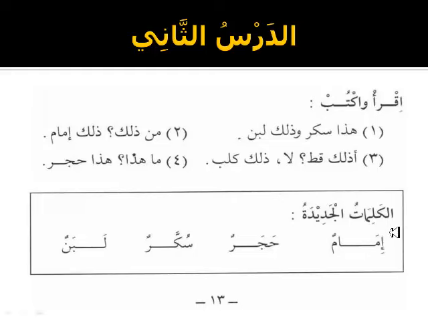And here we have a box. This is called al-kalimatul jadida, the new words. Imamun, hajarun, sukkarun, labanun. I'm going to do it in the long form and the short form.